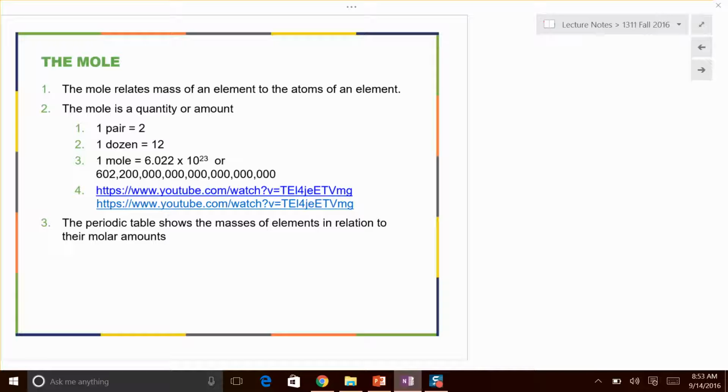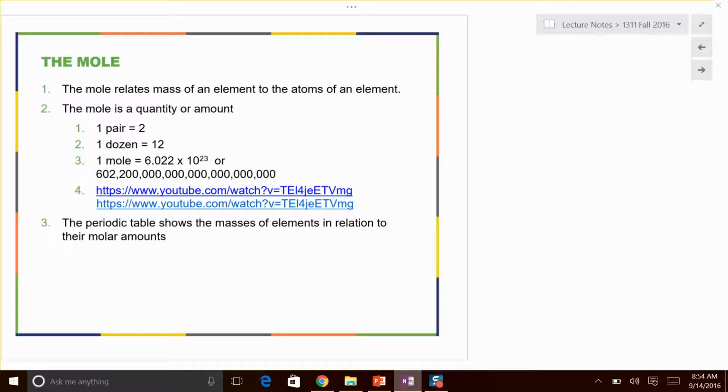But they're here. They're keeping us alive. So we know they're here. We have to breathe that oxygen. But a single oxygen itself is too small to see. So we have to work with really large amounts of these things in order to perceive them and work with them in the laboratory, because you can't work with them individually as a single atom. So this is the amount I have to work with.